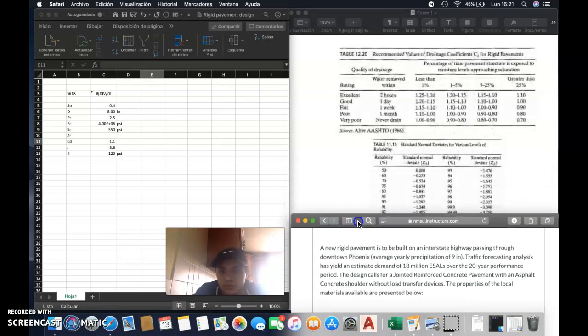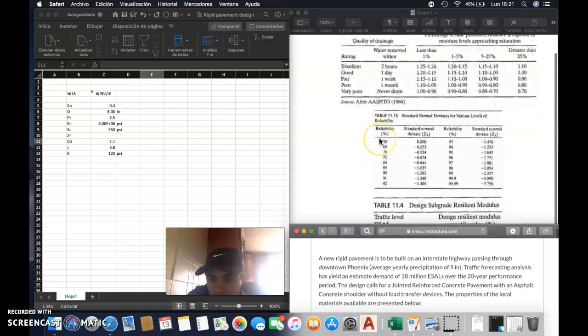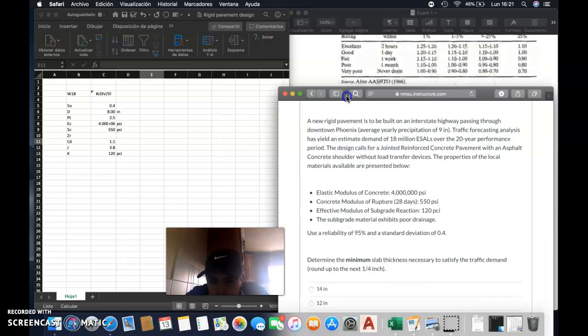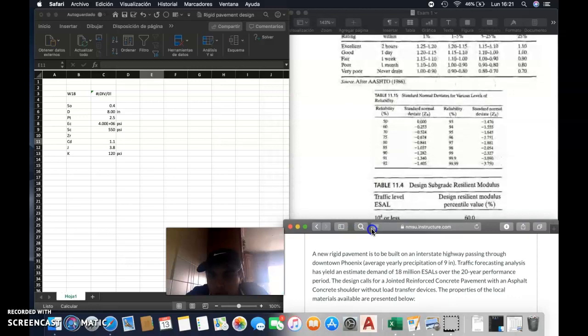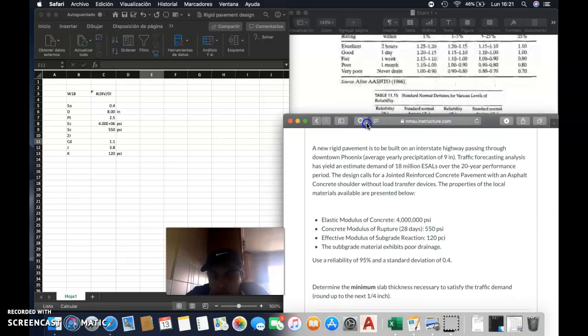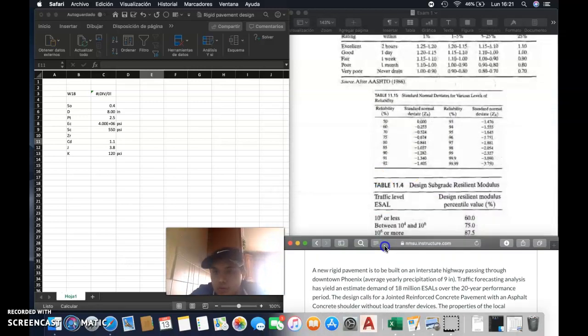We go to the table, standard deviation. Therefore, we have a reliability of 95%. We see in the table that the value for this reliability for the standard normal deviate is minus 1.645.